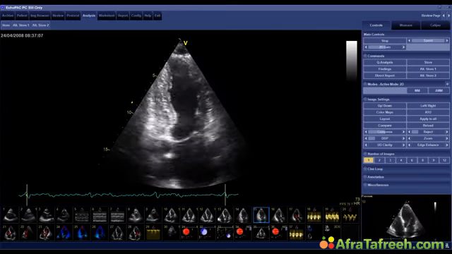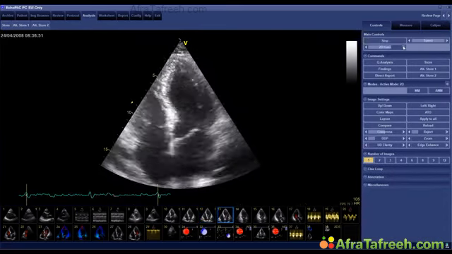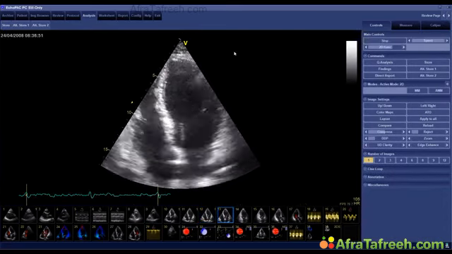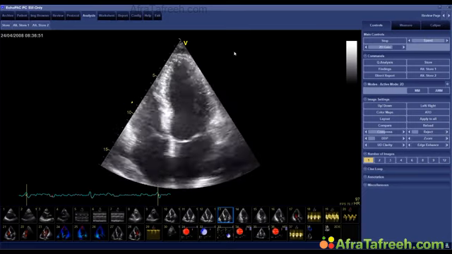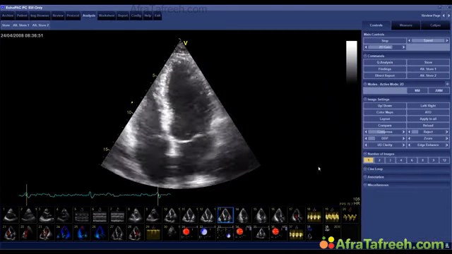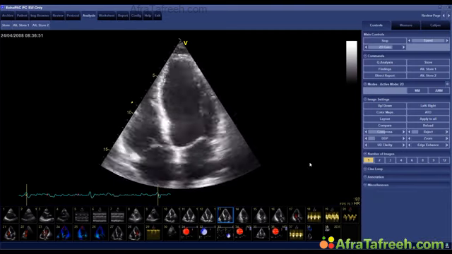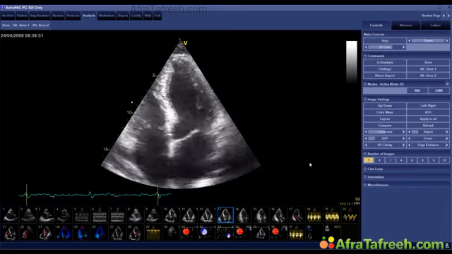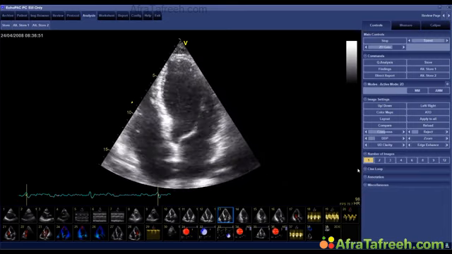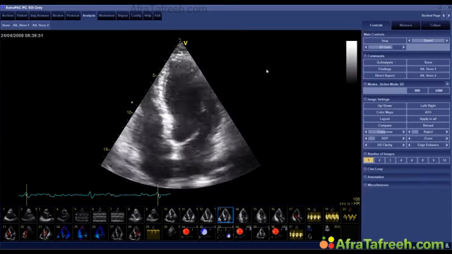And now let's take a look at first the four chamber view. Okay. Has anything changed? Well, again, I'd like to ask you the question, how good do you think left ventricular function is now? Is it reduced?